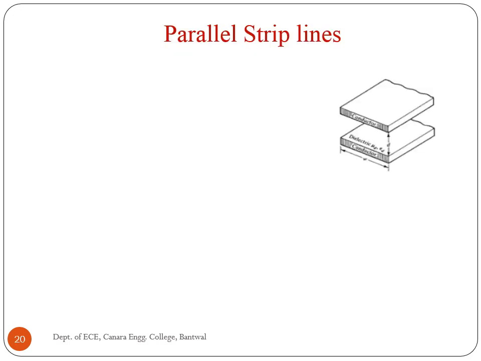A parallel strip line consists of two perfectly parallel strips separated by a perfect dielectric slab of uniform thickness. The plate width is W and the separation distance is D, and the relative dielectric constant of the slab is denoted by epsilon Rd.